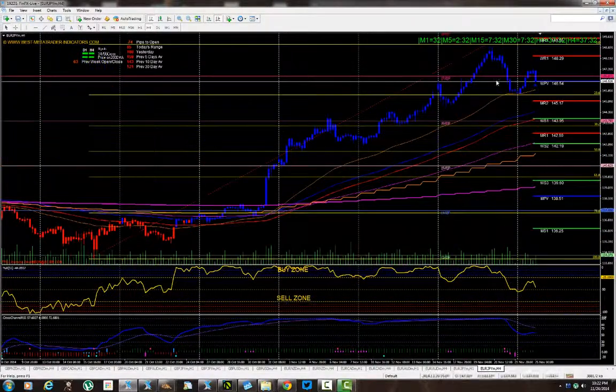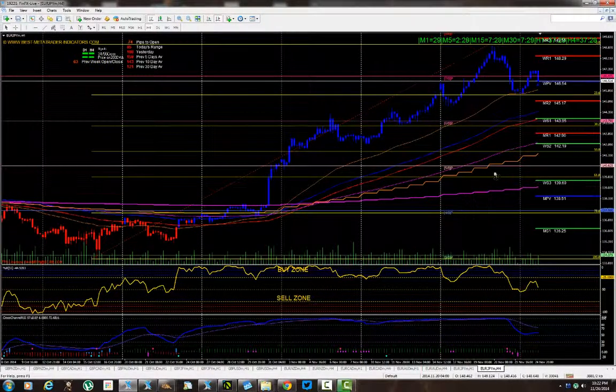So potentially if we continue down, we break through here, we should see price react at this level.